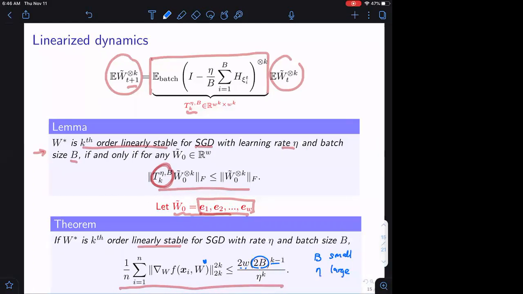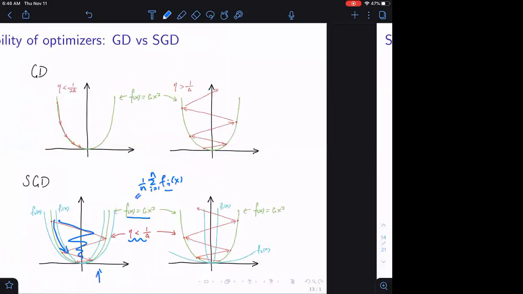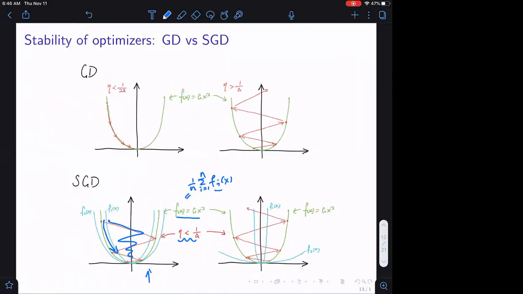This is consistent with the picture I gave you earlier, because what I want to show is that SGD dynamics being stable gives me some useful information about my function f. But if I take the full batch, then I will not see these individual functions fi's.